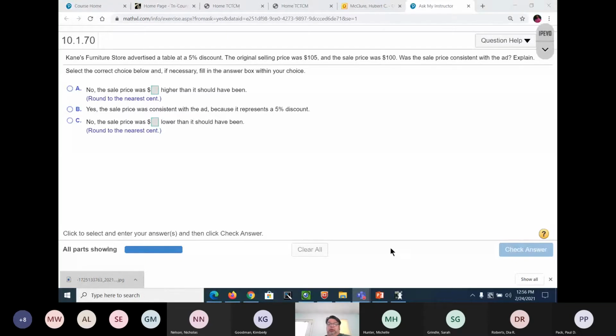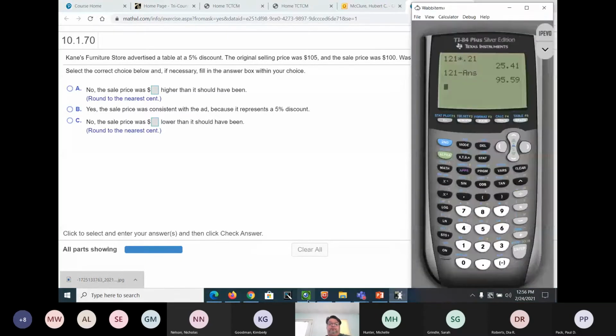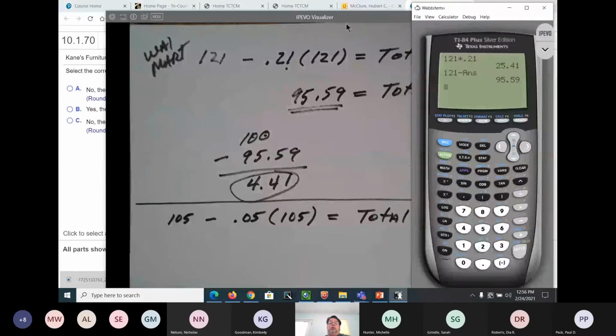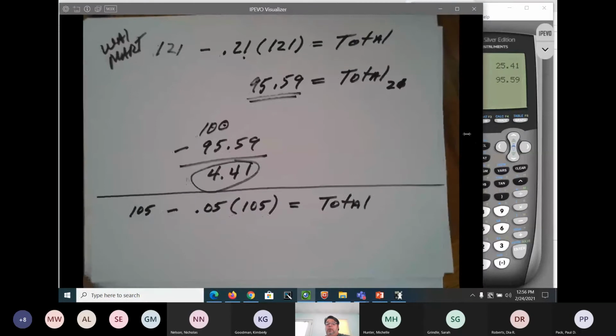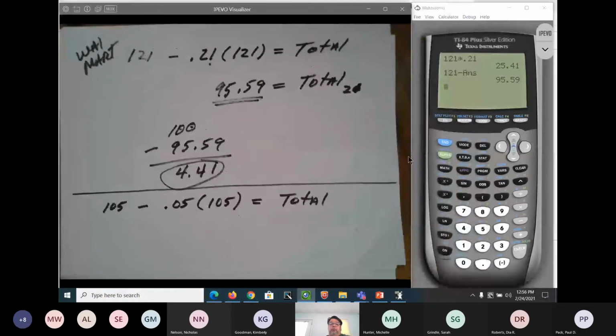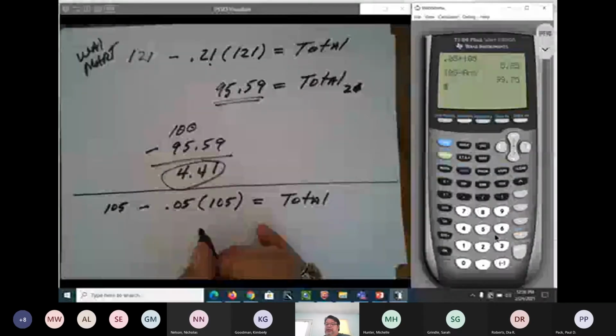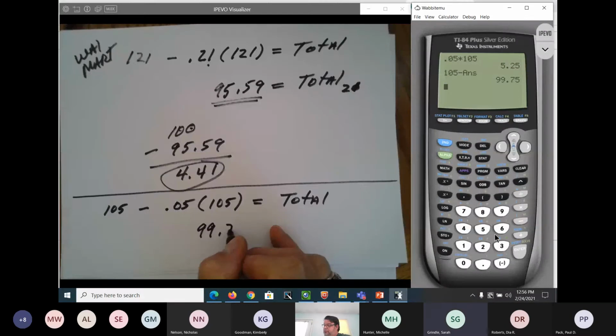And we're going to take our calculator and take 0.05 times 105 and subtract that from 105. So $99.75 is what you're supposed to pay.